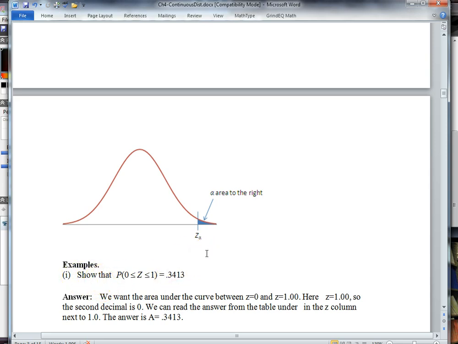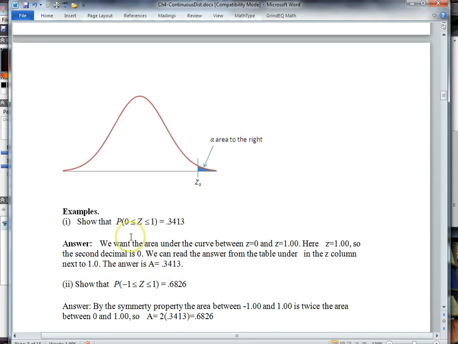First example, show that the probability between z equals 0 and 1 is 0.3413. We knew that. That's about 34% from our empirical rule, but let's do that. The area between 0 and the point to the right is going to be 1.00, because I need 2 decimal places, and I just go down and read it from the table.